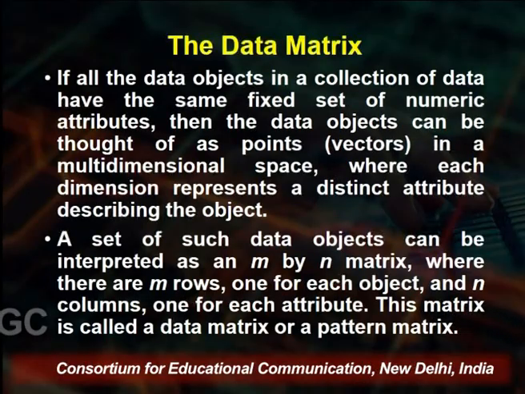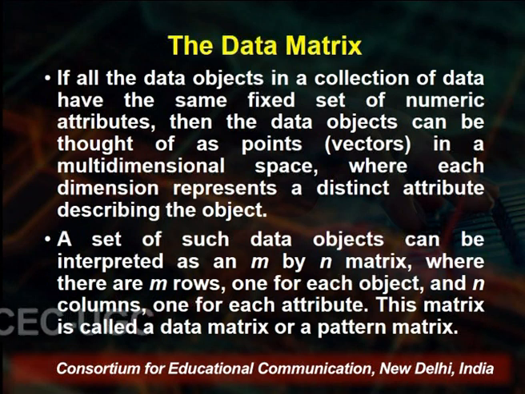The next type of record data is the data matrix. In the data matrix, all the data objects in the collection have the same fixed set of numeric attributes. Like we saw earlier, the number of attributes was not fixed there; here in the data matrix the attributes are fixed.